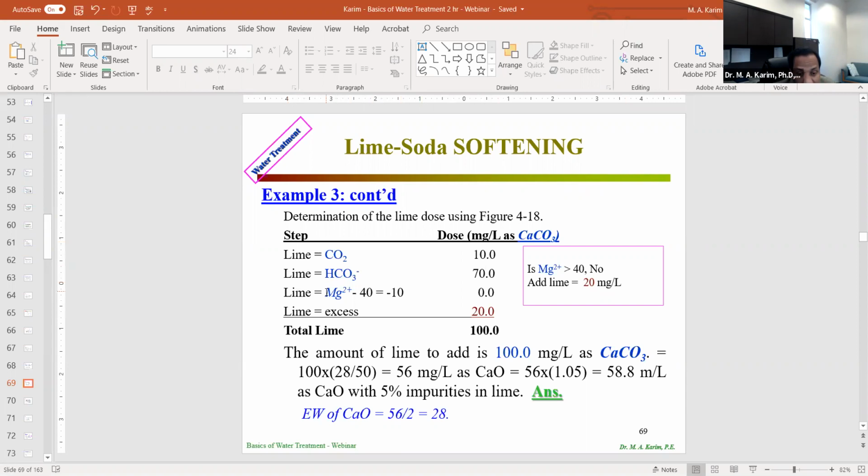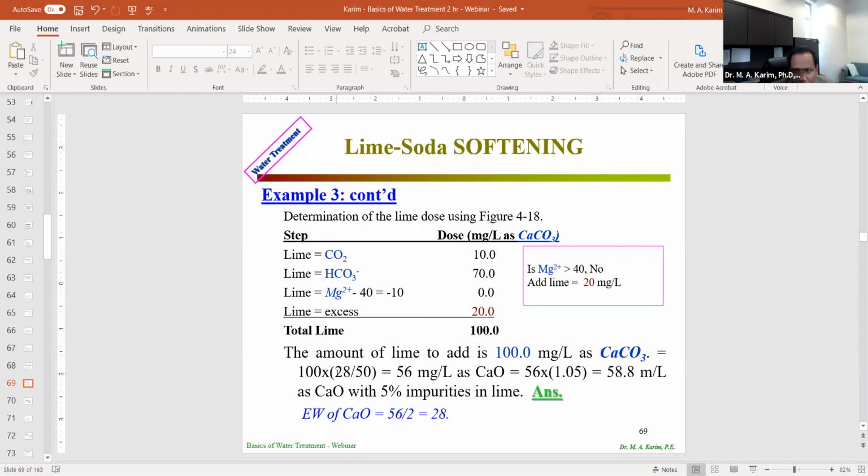Is magnesium greater than 40? It's no. So add line is equal to 20. That means we are going to the left side. So 20 means this has only three in there, right? 10, 70, and 20 would be 100 milligram per liter. Meaning in this case, this water, we need lime, 100 milligram per liter as calcium carbonate.